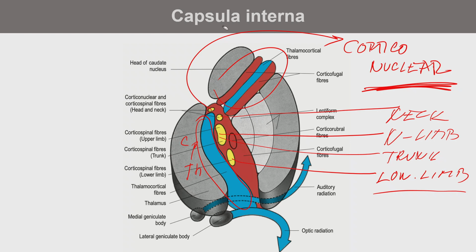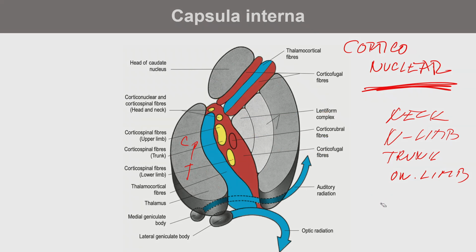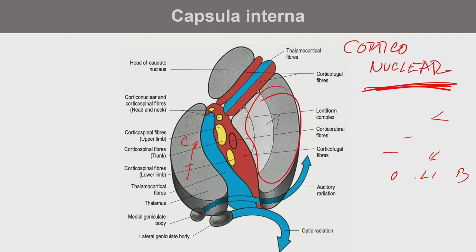And because the structure is typically supplied by the vessels like basal ganglia, when we have an infarction here, it's very important that those patients could have plegia, but very frequently the muscles are not stiff, and the patient is not able to walk because the lower limb is not stiff.